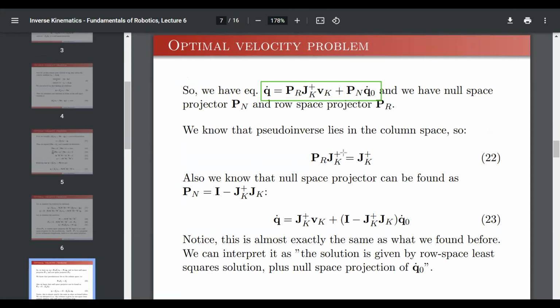We know that the pseudo inverse lies in the row space. Let me write it here: pseudo inverse lies in the row space. How do we know? Remember, last lecture we actually proved it by showing how, through SVD decomposition, the pseudo inverse is computed.